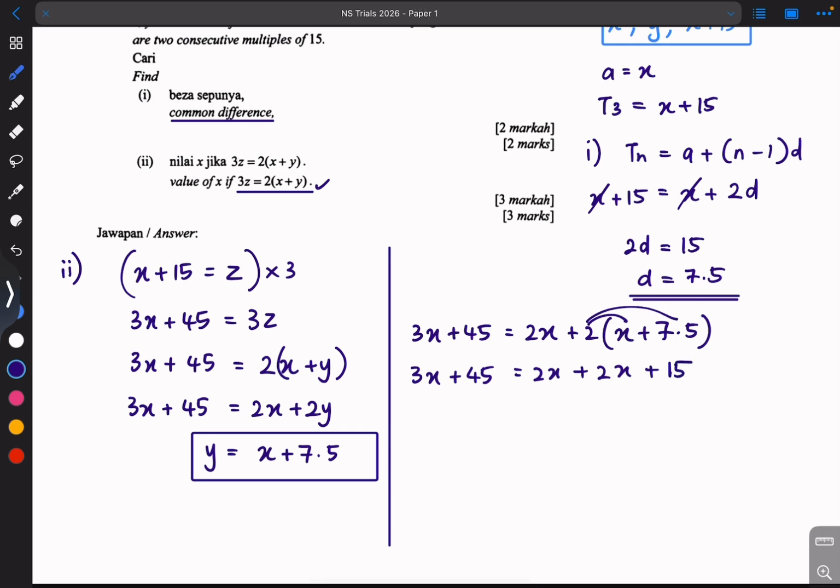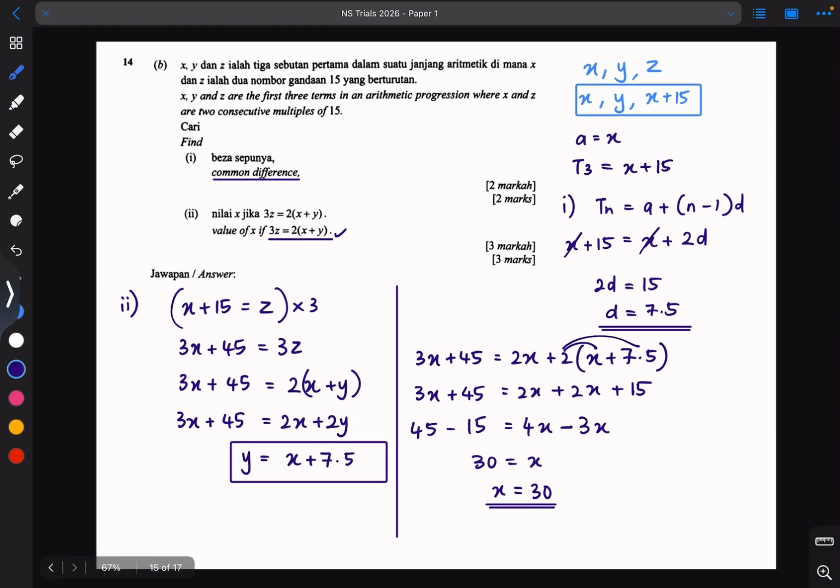Right. So here we get 4x. We bring the 3x here. 45, we bring the 15 over here. So we get x equals 30. Done. This will be our answer for 14B1 and 2.